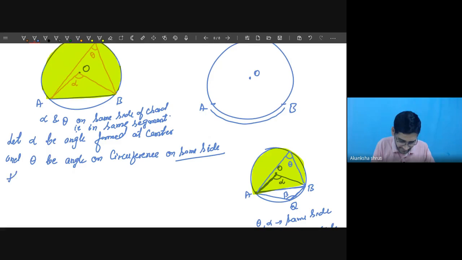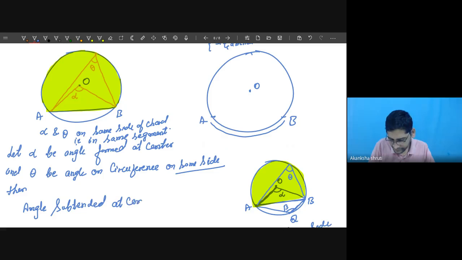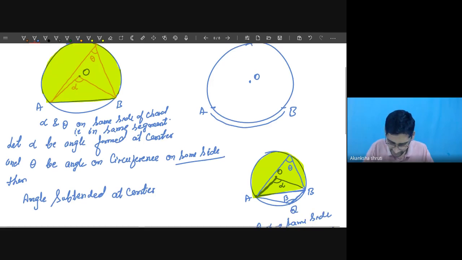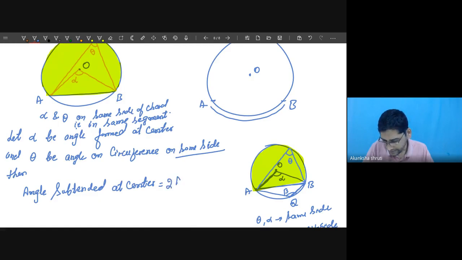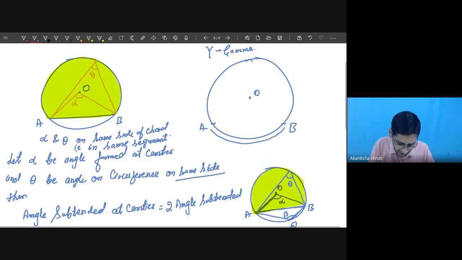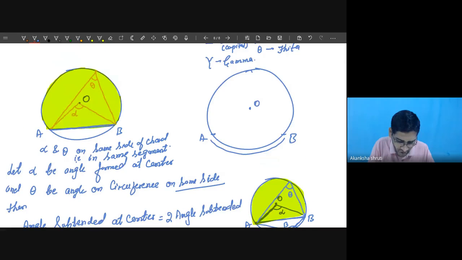So keep in mind, the angle subtended at center, whether it is angle subtended by the chord AB or the arc AB, mean the same thing, is twice of the angle subtended by the same chord or same arc. Okay, student, please do not change the arc, otherwise this relation will not hold good.